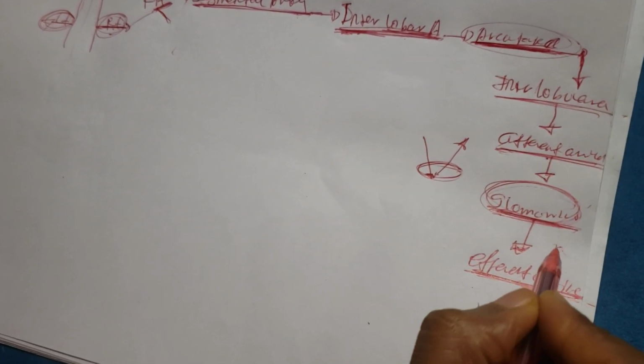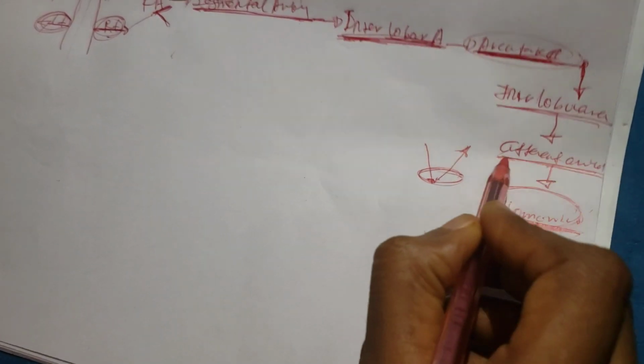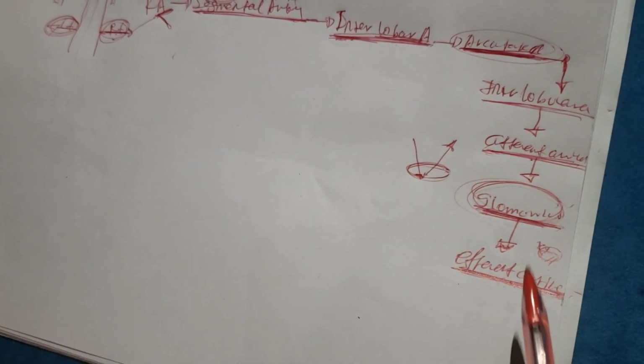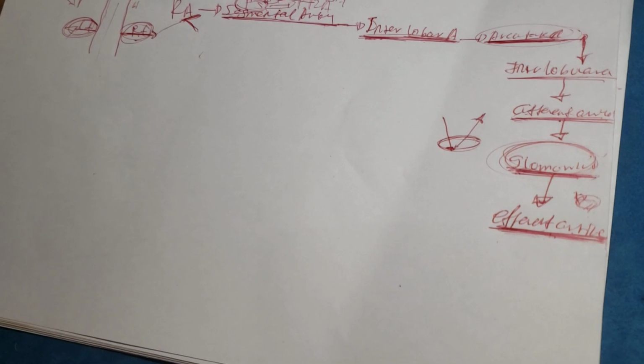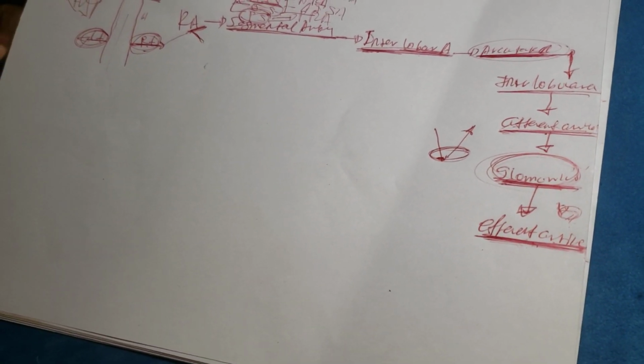So between venule and arteriole there is a capillary, but in this case glomerular capillaries are found between two arterioles, that means the afferent and efferent arteriole, whereas other systemic capillaries are found between venule and arteriole.